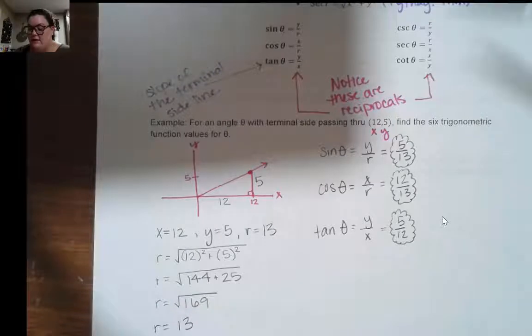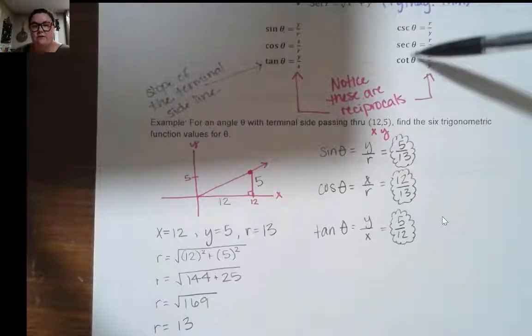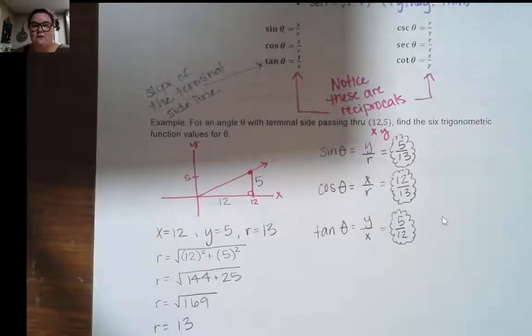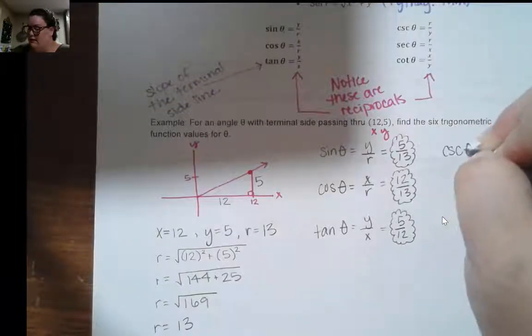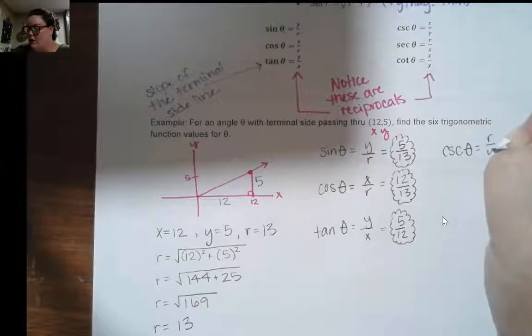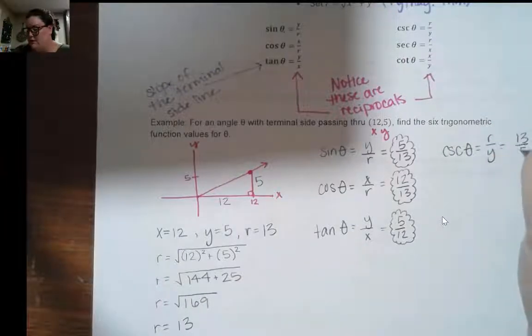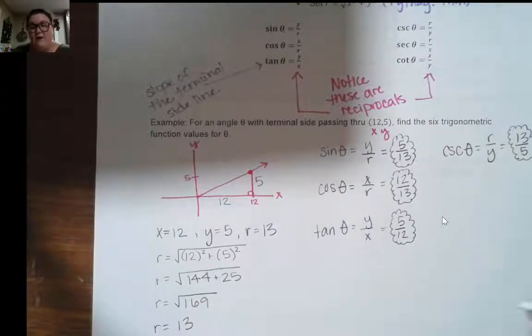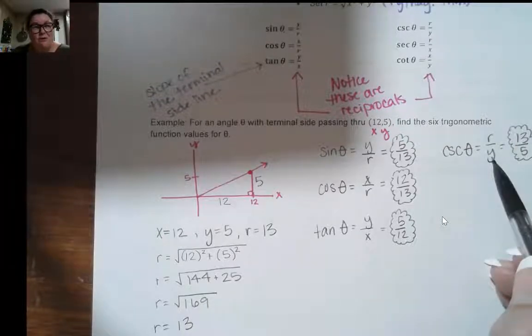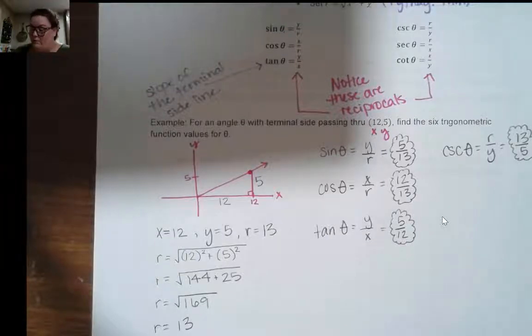And then to find our other trig functions, now all we have to do is calculate the reciprocal. To find cosecant theta, I'm going to do r over y, which gives me 13 over 5. I do realize you can just flip the fraction, but I'm going to write this because if you're not familiar with the trig function definitions, writing it every time will help you remember it.